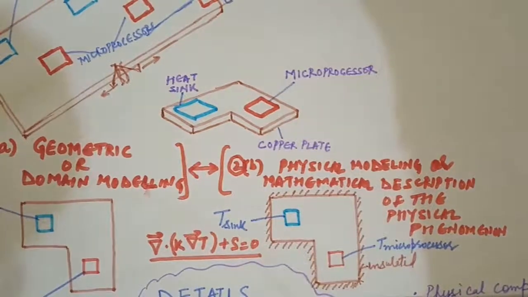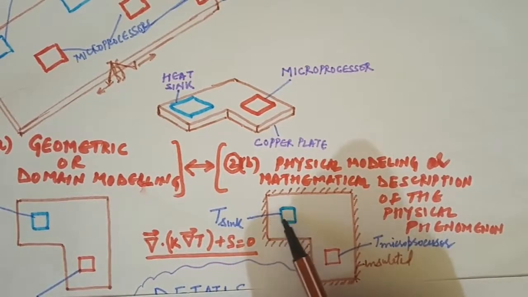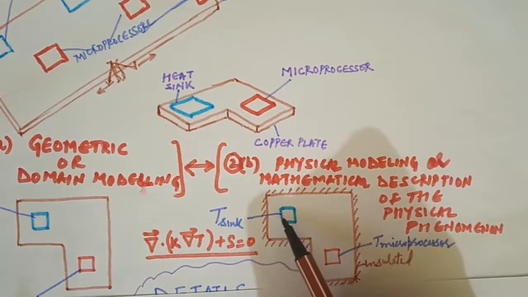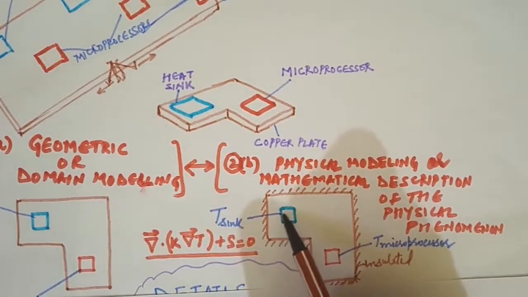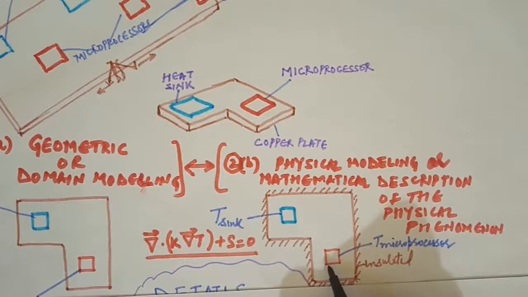Although the temperature across this heat sink will not be a constant temperature, here comes the skill of an engineer or an analyst, that you cleverly assign a temperature to the system. You can assign a single temperature if there is not a very pronounced spatial temperature distribution. If there is some pronounced spatial temperature distribution, then you cannot assign a single temperature to this heat sink. Likewise, you can do a similar kind of thing for this microprocessor.